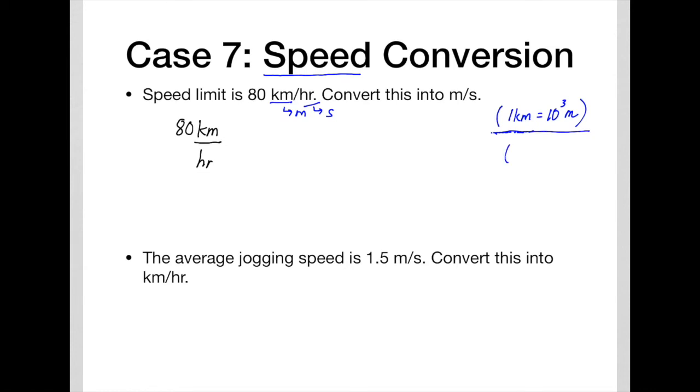I have here my 1 hour, that is 60 minutes, and I also have 1 minute into 60 seconds. So let me now solve the problem. The first thing that I need to do is to simply convert this kilometer into meter. So let me have this as blue ink, and the other one would be the red ink.